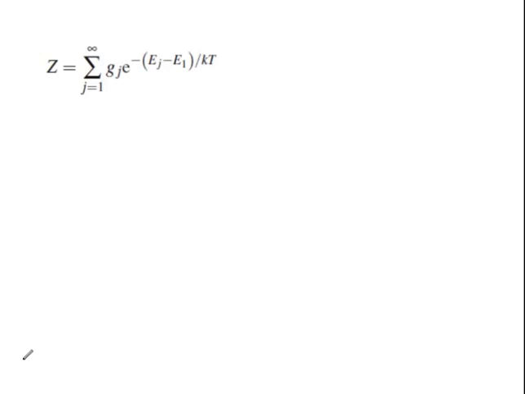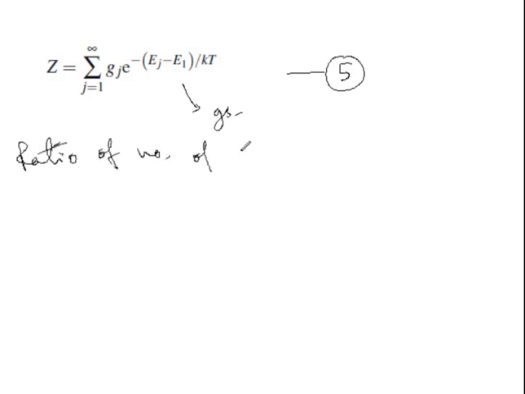So this is the partition function, and this is equation 5. Here E1 is basically the ground state energy for the given ionization.